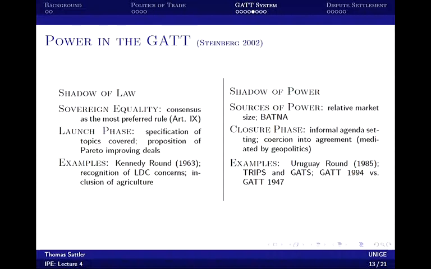So exactly the same idea as replacing the GATT 47 with the GATT 94. But eventually they decided not to do this because they feared that the developing countries would be attracted more by the Soviet Union at the time. So the geopolitics, or the Cold War in the 1970s, prevented this replacement of the old GATT with a new GATT. There was less coercion.